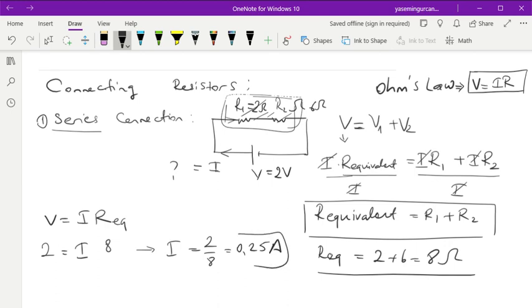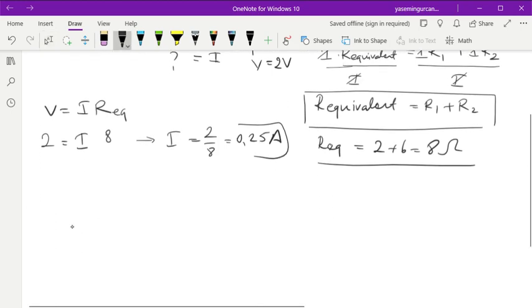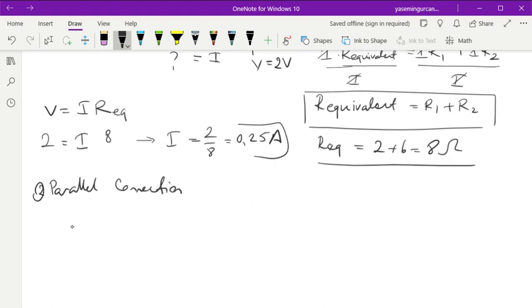Okay. So let's talk about parallel connection. In this case, the parallel connection is going to be the case where you have, again, let's use just 2 resistors.